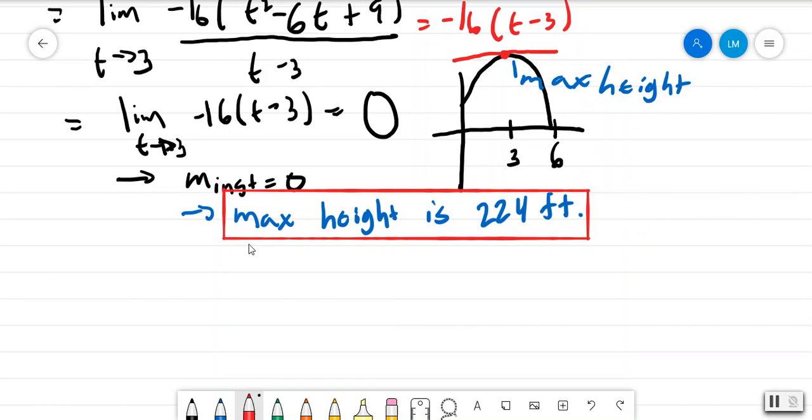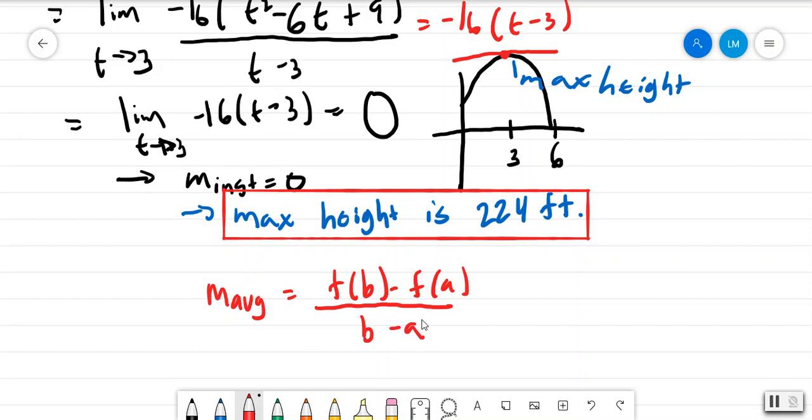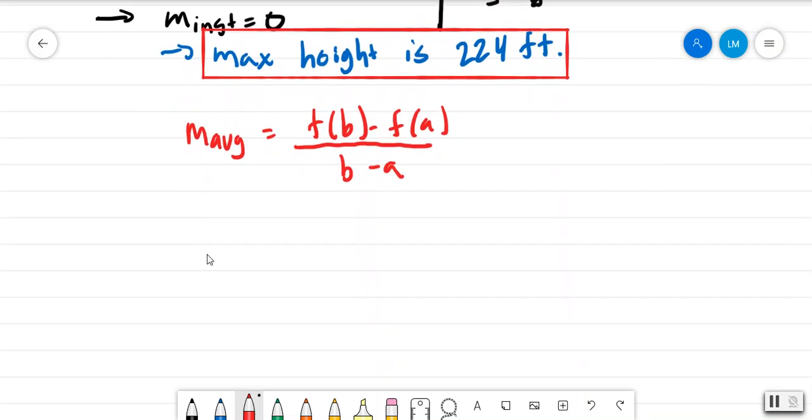Okay, so just to recap, there was a formula for secant, or the average rate. Sometimes we say that the average is given by f of b minus f of a, all divided by b minus a. But then you also have the instantaneous rate of change.